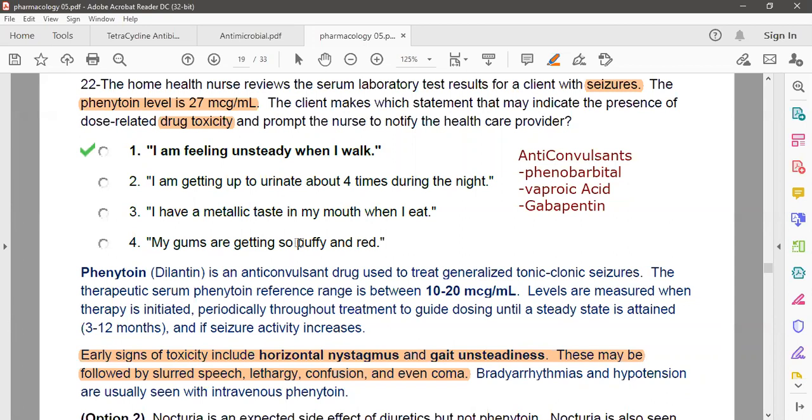So for anticonvulsants, we are talking here about phenytoin, which we use for seizures. Other anticonvulsants commonly used in psychiatry are phenobarbital, valproic acid, and gabapentin.